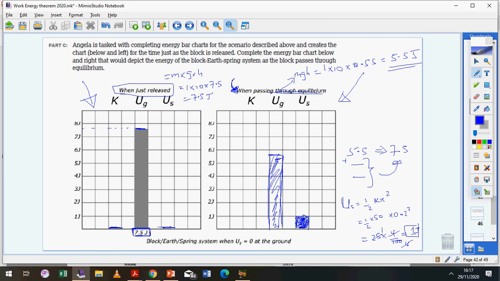We need 1 more joule, and since these are the only three forms of energy present, that joule is going to have to be kinetic energy. So it has kinetic energy at that position as well. It has kinetic energy, potential energy, and elastic potential energy, which means our mechanical energy totals 7.5.